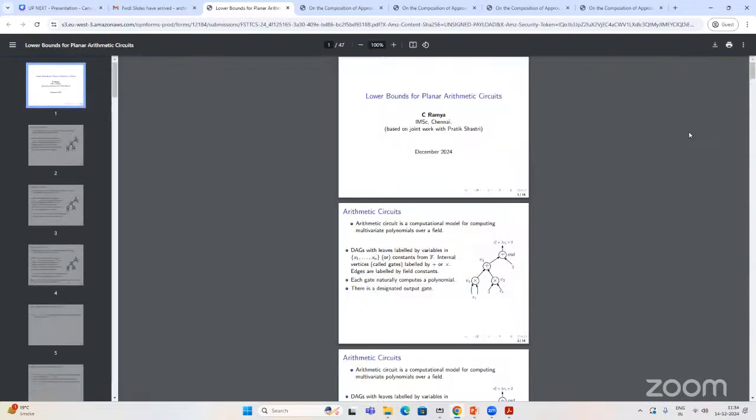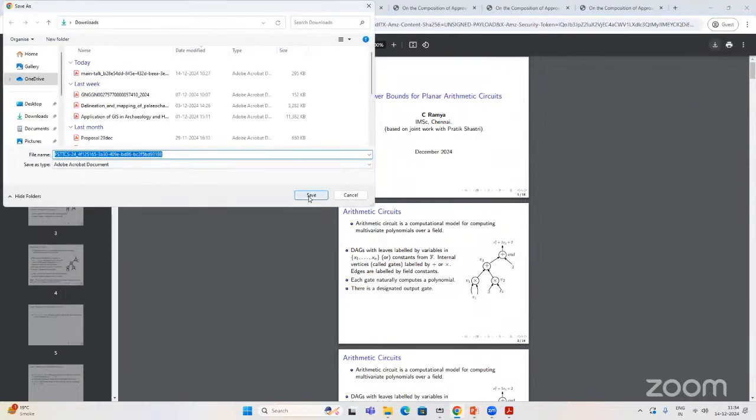Actually, now I have a separate link with the Google Sheet, which has all these things. It's just a PDF.